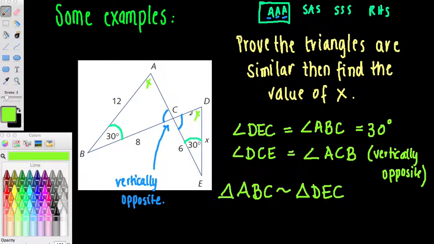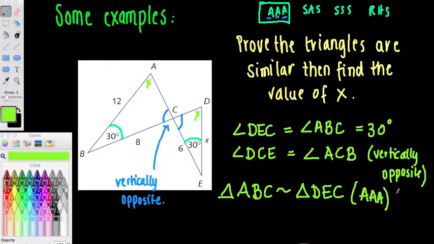A to B, where the 30 degree angle is, to C, where that vertically opposite angle is. That is the same as D, that's where the angle is not shown, E, where the 30 degree angle is shown, C, where the vertically opposite angle is. So these all match up. What's my reason again? It's the AAA test. So that goes in the bracket.